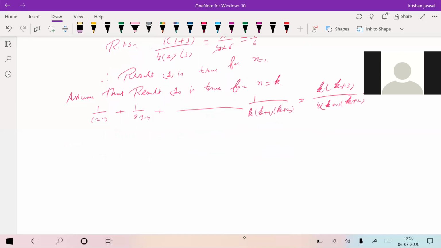Now what will we add to both sides? 1 over k plus 1, k plus 2, k plus 3. Adding 1 over k plus 1, k plus 2, k plus 3 to both sides of the second.